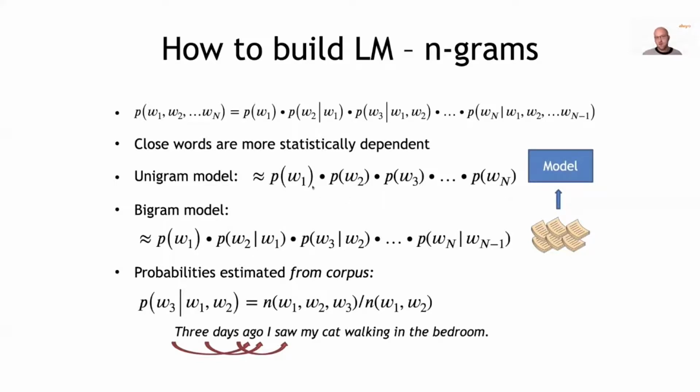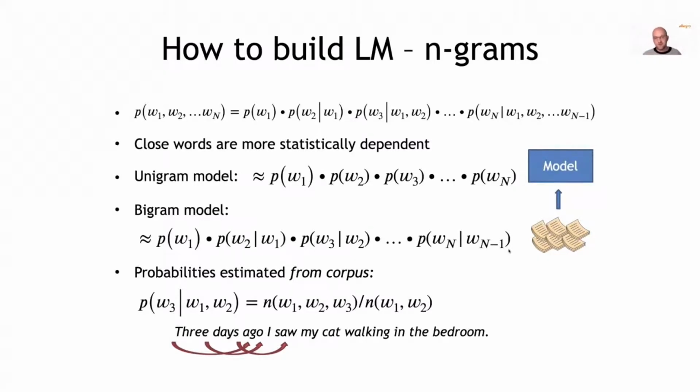And if we just assume that each word is completely independent of other words in the sentence, we get a unigram language model like here. If we assume that the probability of the word only depends on the preceding word, we have a bigram language model. So, for example, the probability of word 3 conditioned on words 1 and 2 is approximated as the probability of word 3 conditioned on word 2.